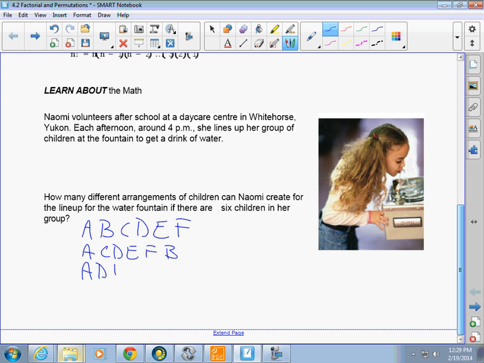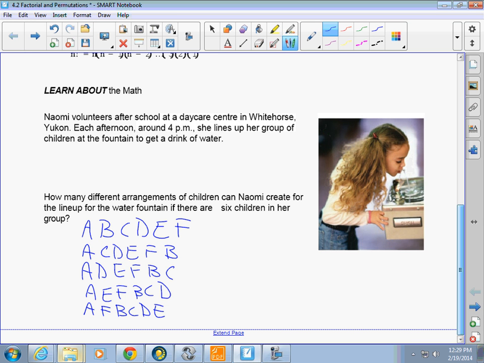So A, D, E, F, B, C. A, E, F, B, C, D, and then she'd have A, F, B, C, D, E. Now that's just moving the second position around. Then she can move the 3rd position person around, and she can move the 4th position around.